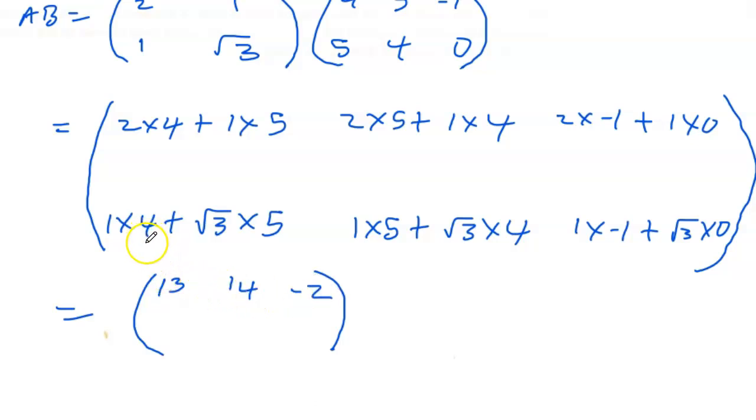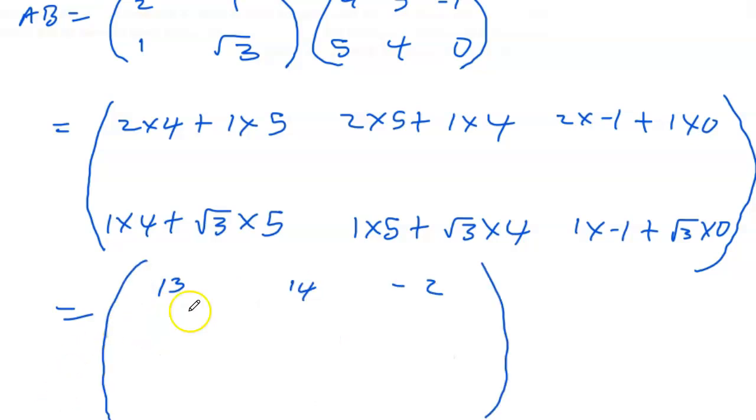The bottom row now, we have 1 times 4 plus 5 root 3, so that's 4 plus 5 root 3. And then the second element in the final row, that's 5 plus 4 root 3. So we're leaving them as surds. And then this is just negative 1, since root 3 times 0 is 0.